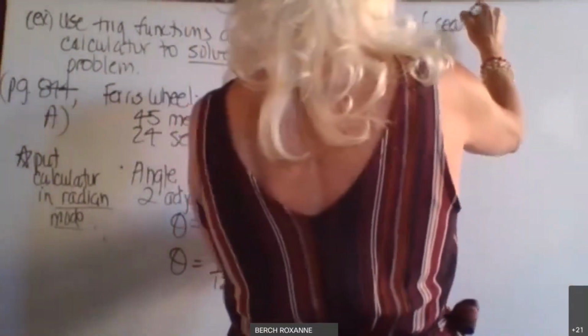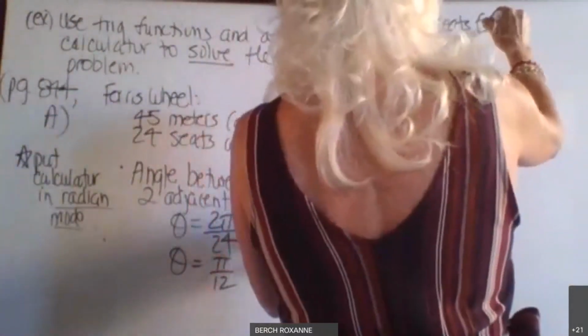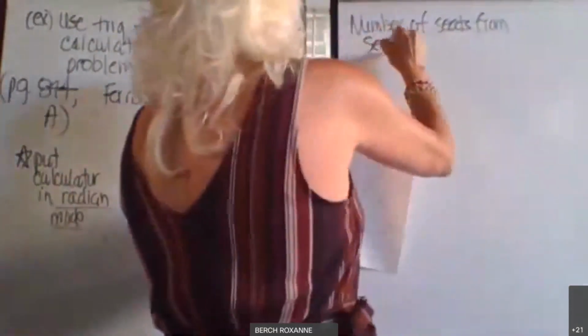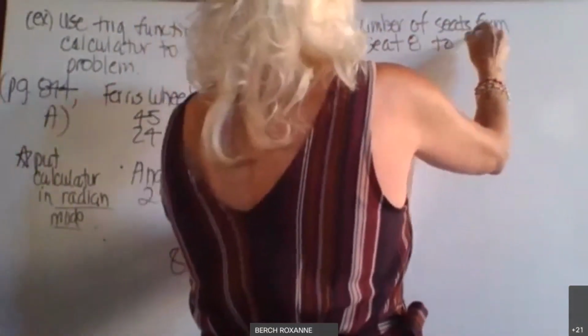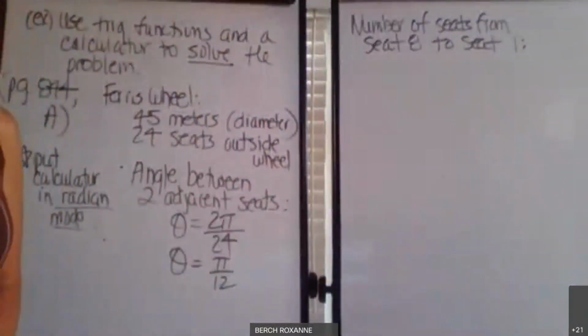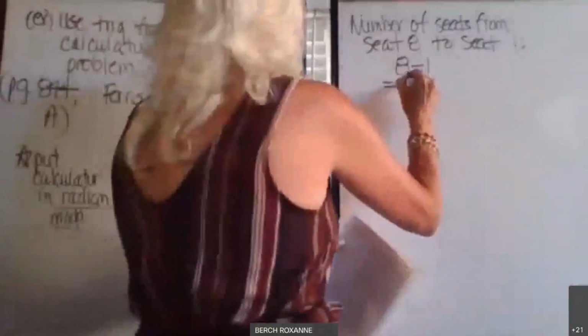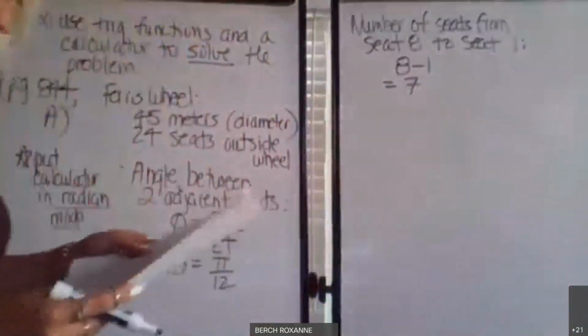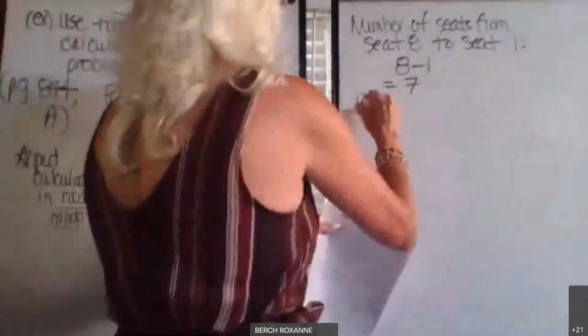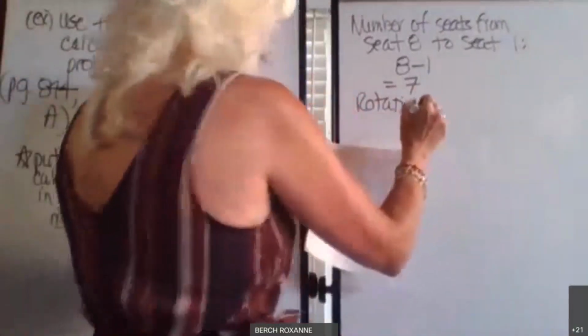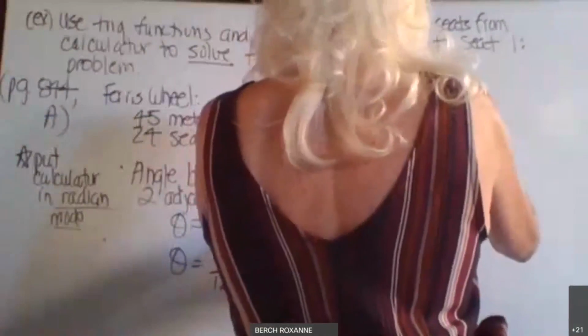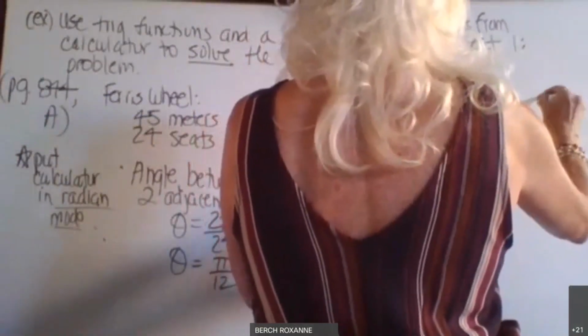Now we're going to look at the number of seats from seat 8 to seat 1. This is pretty easy because we just take 8 minus 1, which is a range, and that would be 7. Now we want to look at the rotation angle of seat 8.